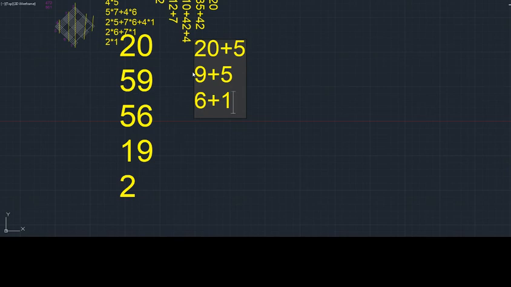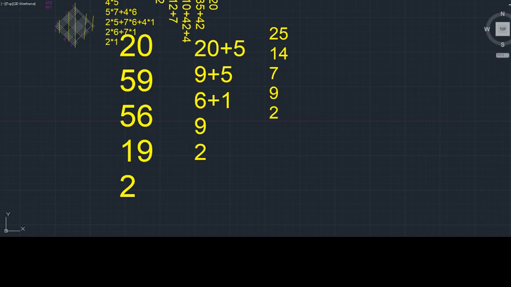And then of course that 1 comes from the 19, which is left on its own, and the 2 here. And so 25, 14, 7, 9, and 2. So now you can see that we obviously have to move that 1 over, giving us 26, 4, 7, 9, 2.